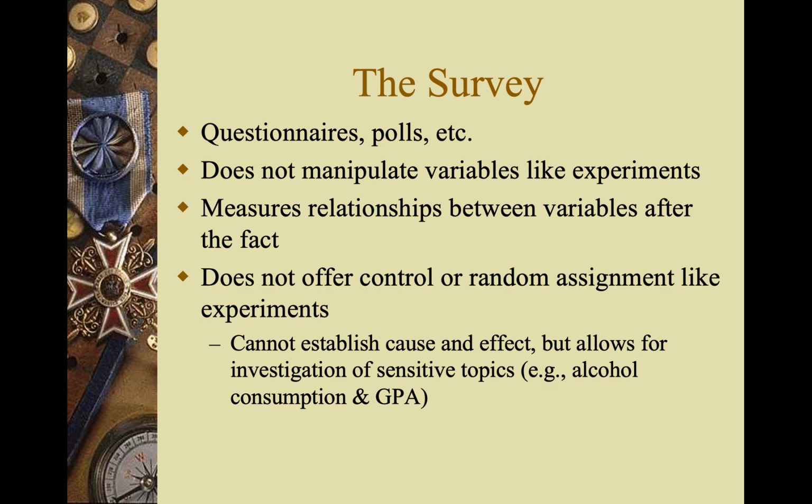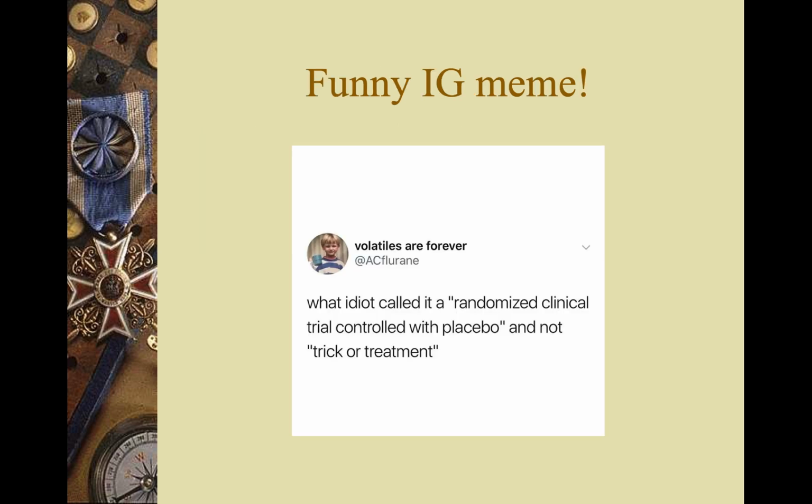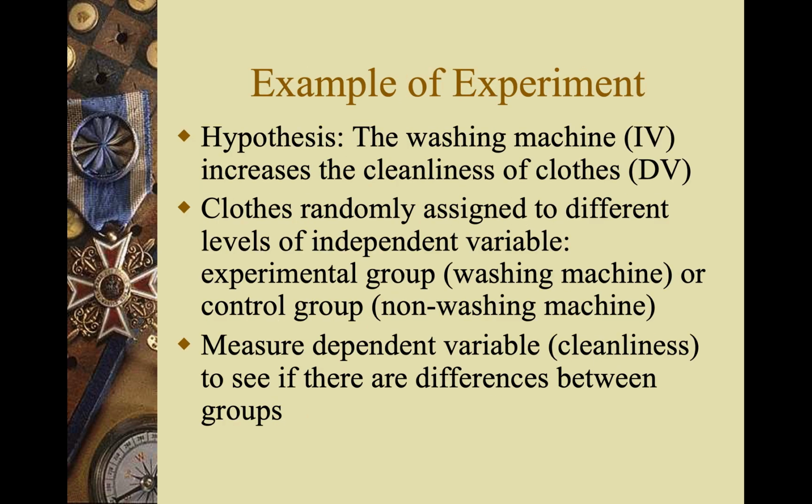Okay, so another way that social science researchers gather data is through a survey. A survey is also referred to as a questionnaire, but you can also have a shortened version, which is just a poll. The survey doesn't manipulate variables like an experiment. So for example, we manipulated the clothes washing back here. We put one in one group, one in another group.